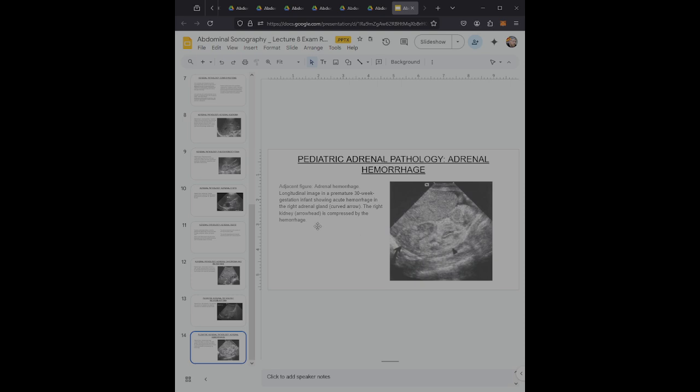So we can see an adrenal hemorrhage here in a premature 30-week gestation infant showing acute hemorrhage in the right adrenal gland, and the right kidney is compressed by the hemorrhage.